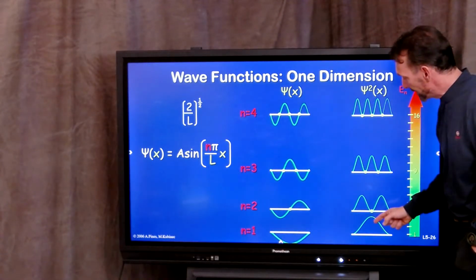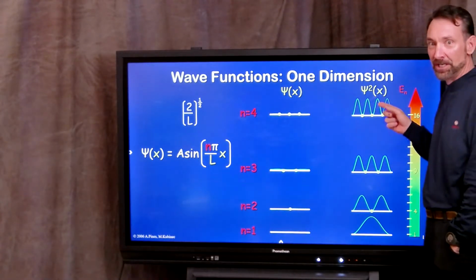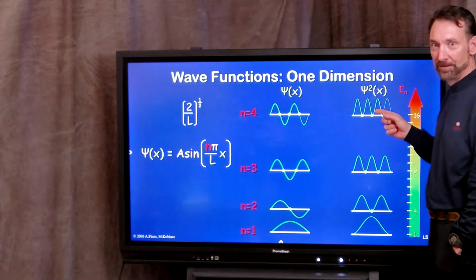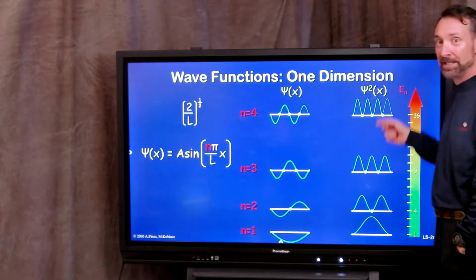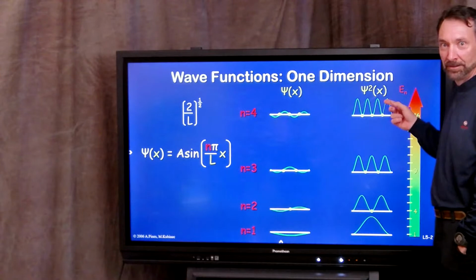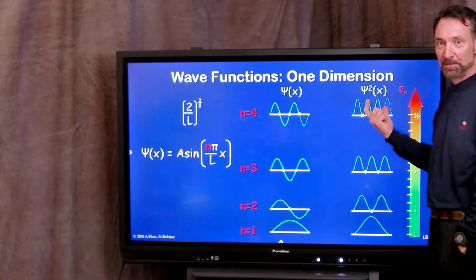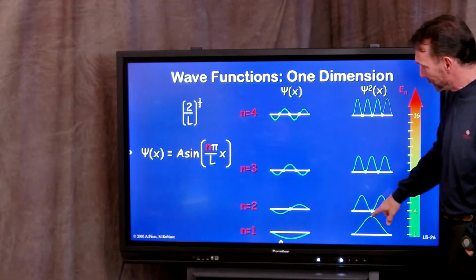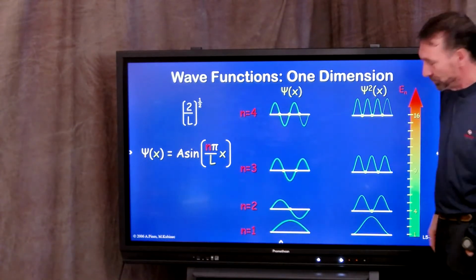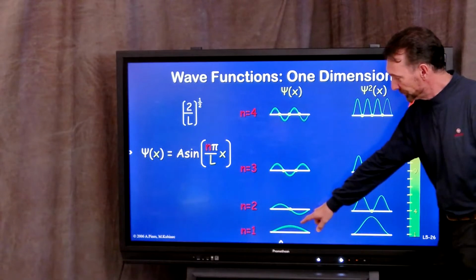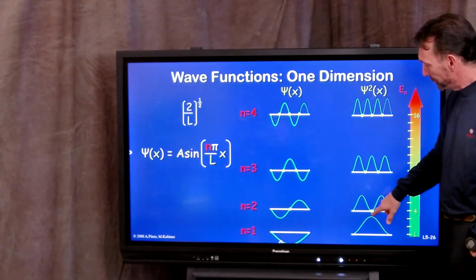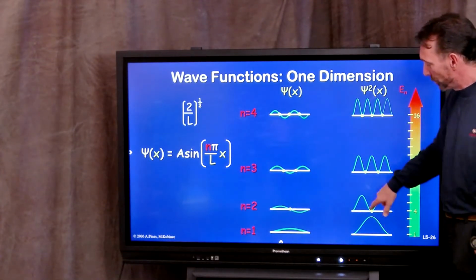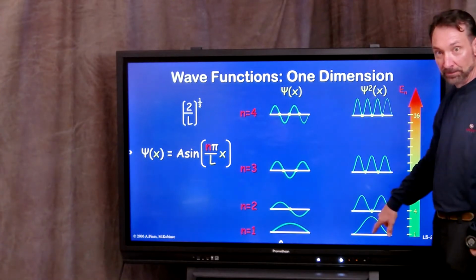We're saying that the amplitude squared, the square of the wave function, tells me something about the position of the particle, the probability of the particle being in that region of space. So I have high amplitude in the middle in the first wave function. The particle is more likely to be found in the middle.